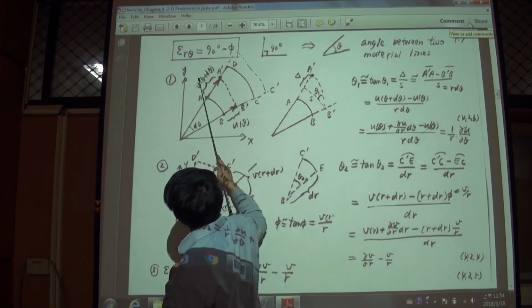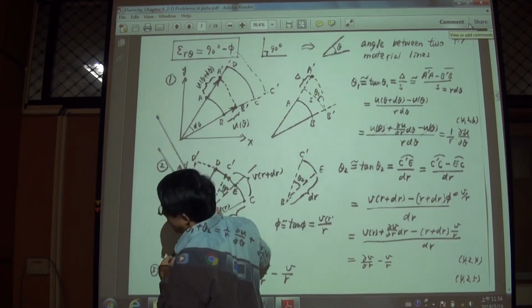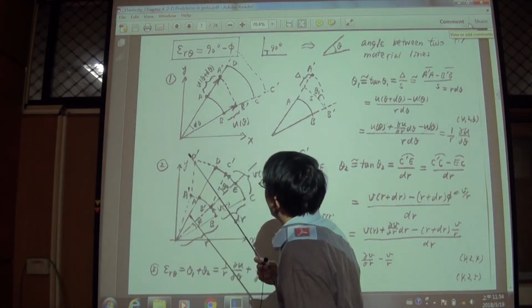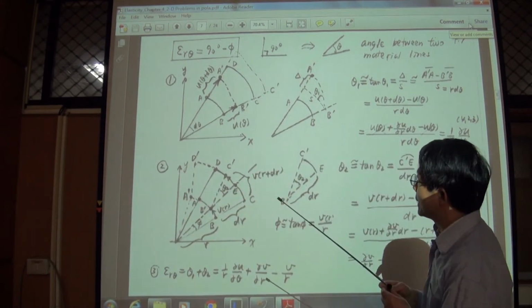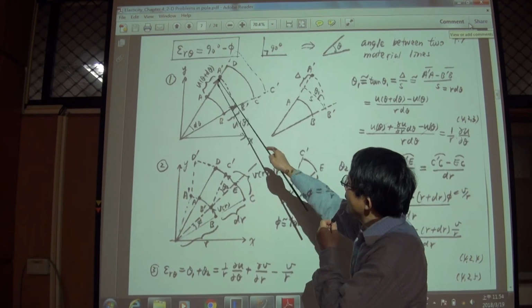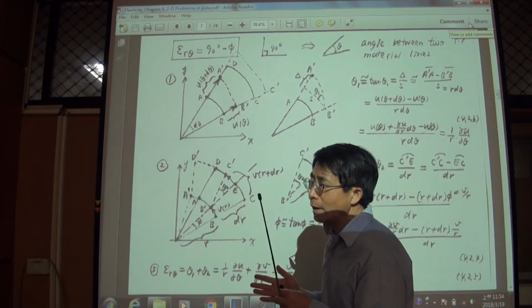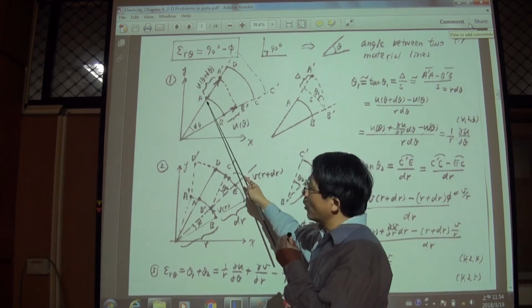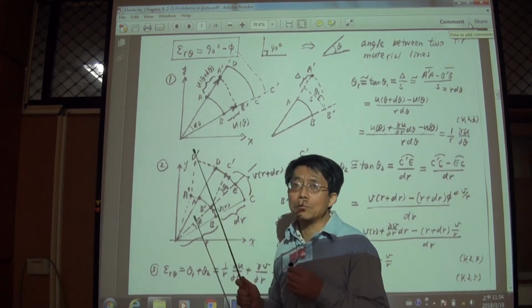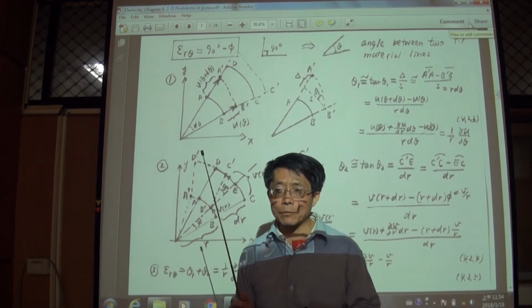So the displacement here is u as a function of theta plus d theta. Now it is clear that if this one is not equal to this one, the displacements at point B and point A are not the same, then you have the shear.